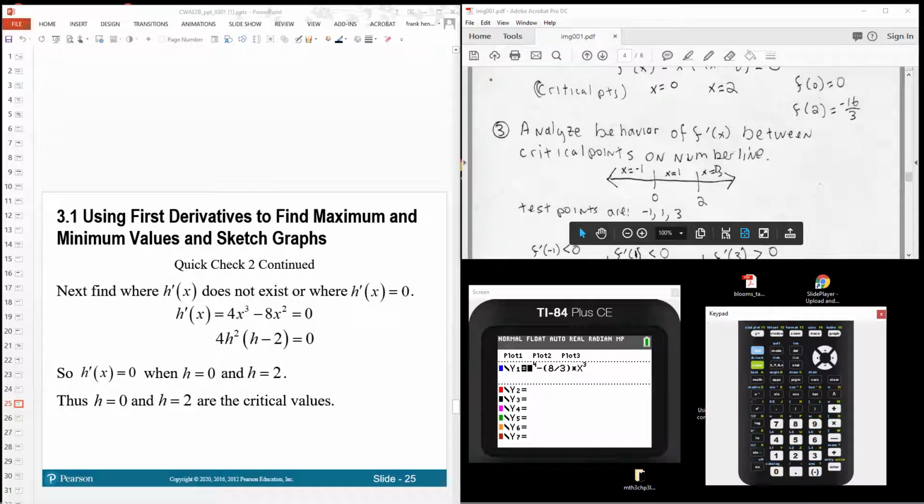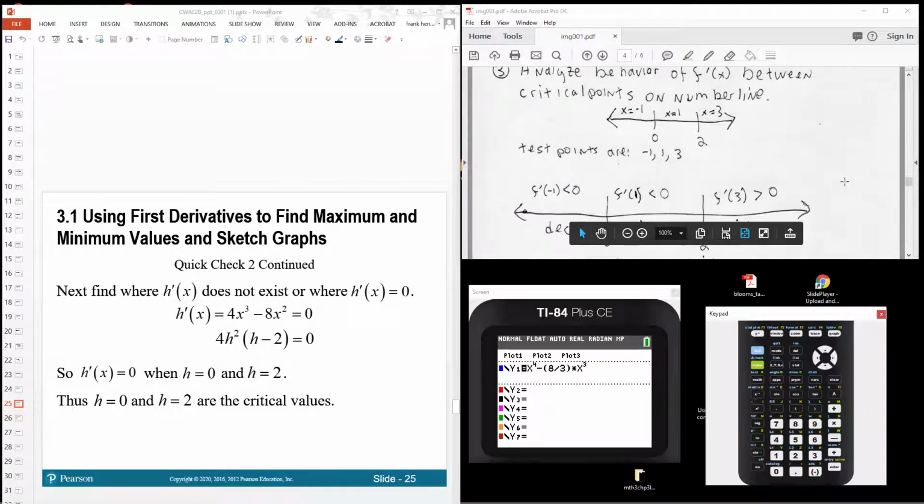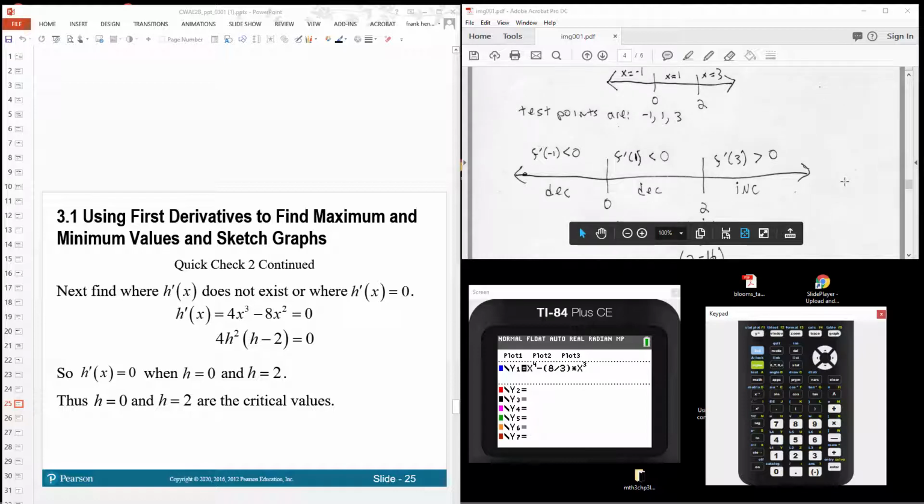So my test points are -1, 1, and 3. So then I find out the behavior at those points, and I see that less than 0 is decreasing, less than 0 is decreasing, and greater than 0 it's increasing. So now we know where it's increasing and decreasing.